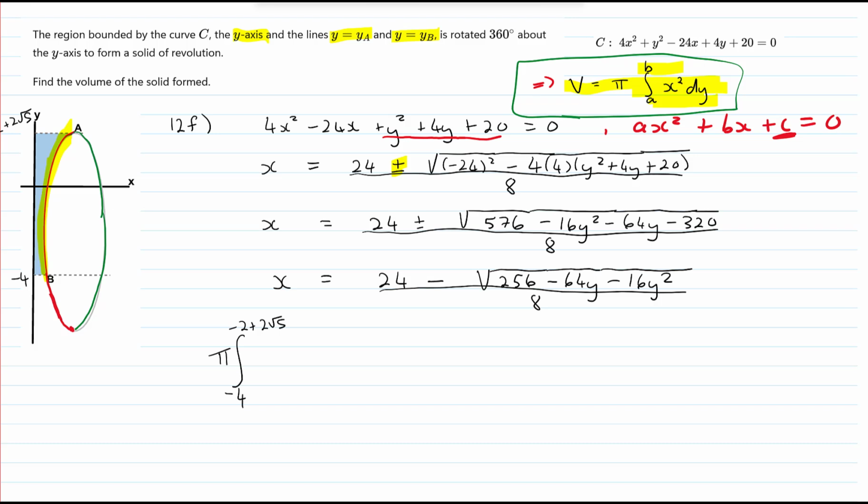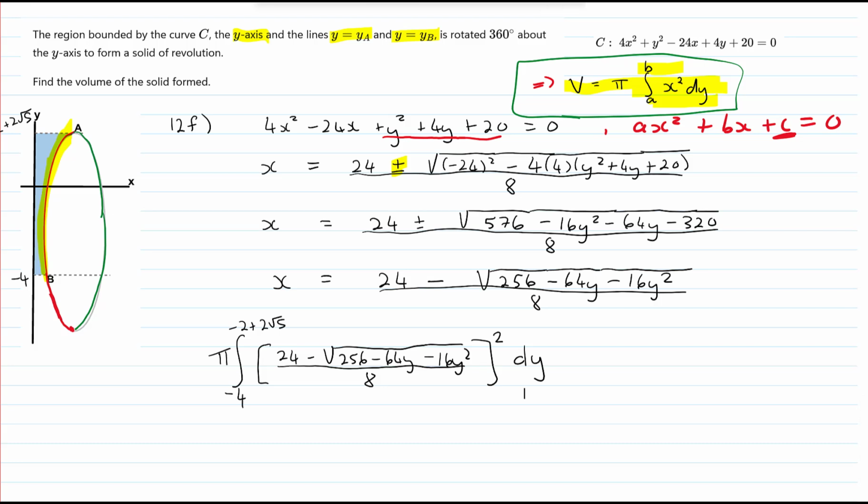And then we'll put in our expression for x. So I'll use brackets here. It's going to be all this stuff: 24 minus the square root of 256 minus 64y minus 16y squared, all divided by 8. And then that whole thing is squared, so don't forget to square it. And we take that integral with respect to y.